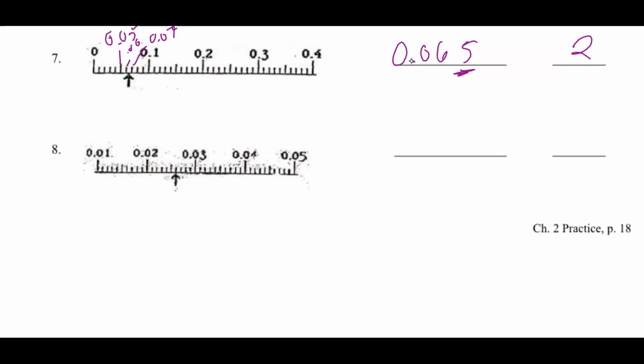Ooh, okay, we got some more tricky ones here. We gotta count real carefully. So this, let's see, 1, 2, 3, 4, 5. On the ruler right here, I can read 0.025. This is 0.026. So on this ruler, I'm reading the tenths, the hundredths, and the thousandths.